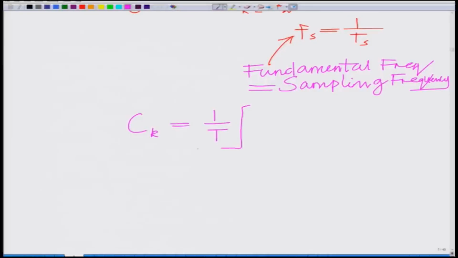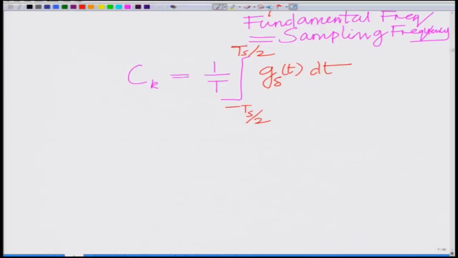We know the expression for C_k: 1 over Ts, integral from 0 to Ts, or we can make it from minus Ts by 2 to Ts by 2, of g_delta(t) e to the power of minus j 2 pi k Fs t dt.